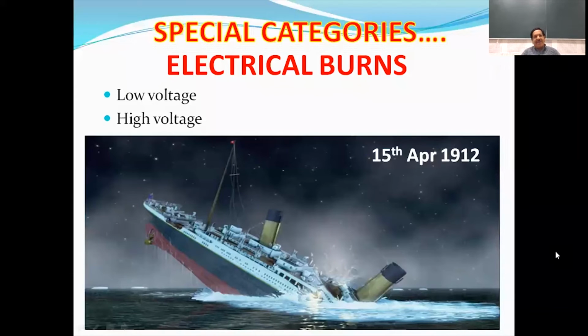Why it sank: they underestimated the iceberg. They saw only the tip of the iceberg and underestimated how much damage it was causing. So anybody treating electrical burns and underestimating will sink like the Titanic.